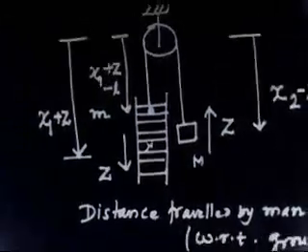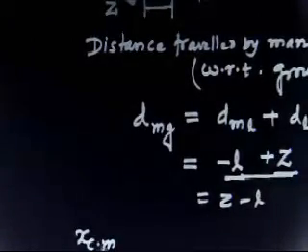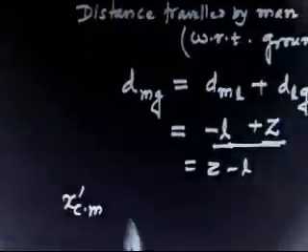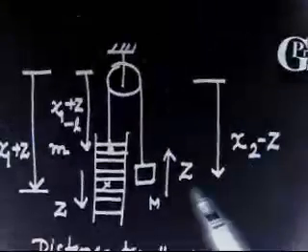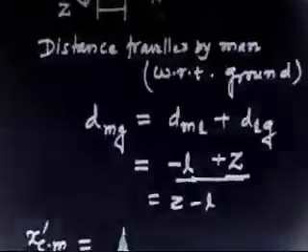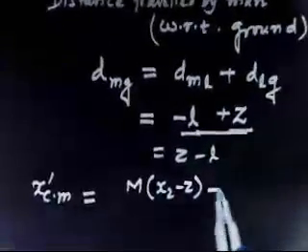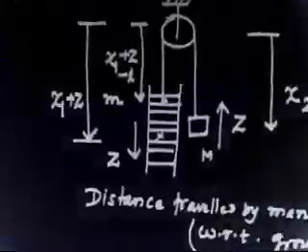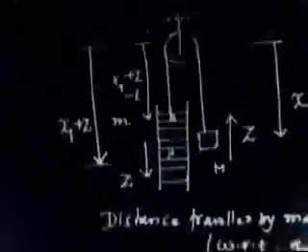Now if I write the center of mass again, so xcm finally, let us call this xcm dash, will be m1 x1. So the mass of this is m and the coordinate is x2 minus z. So m into x2 minus z, plus the mass of the man is m and the coordinate is x1 plus z minus l.